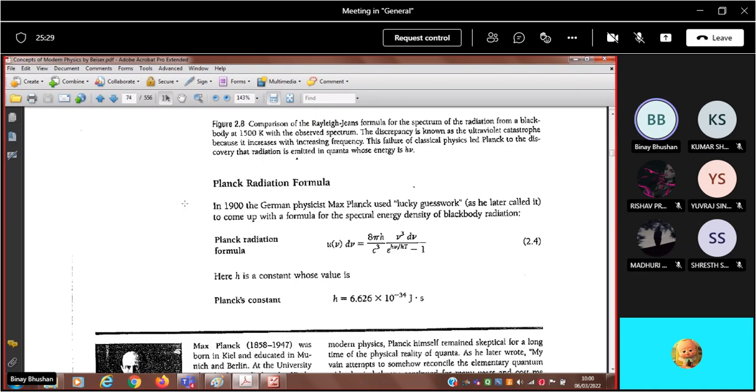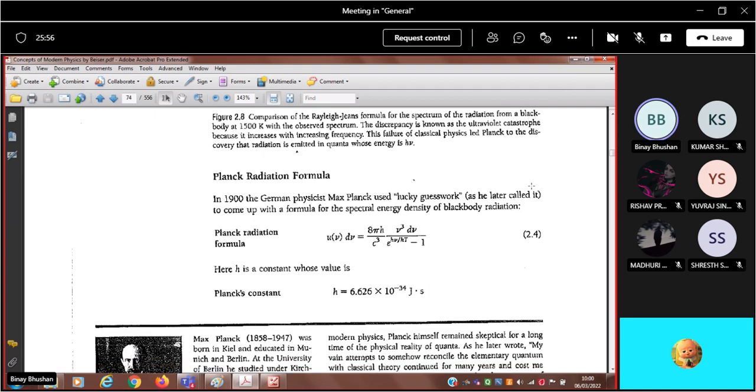This was in 1900. In 1900, the German physicist Max Planck explained this ultraviolet catastrophe, and he got the correct expression, which when simulated just matched the experimental curve. For this he was awarded the Nobel Prize.